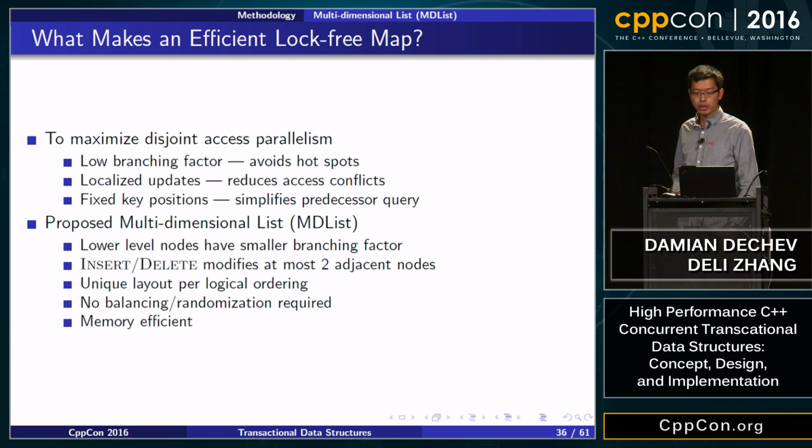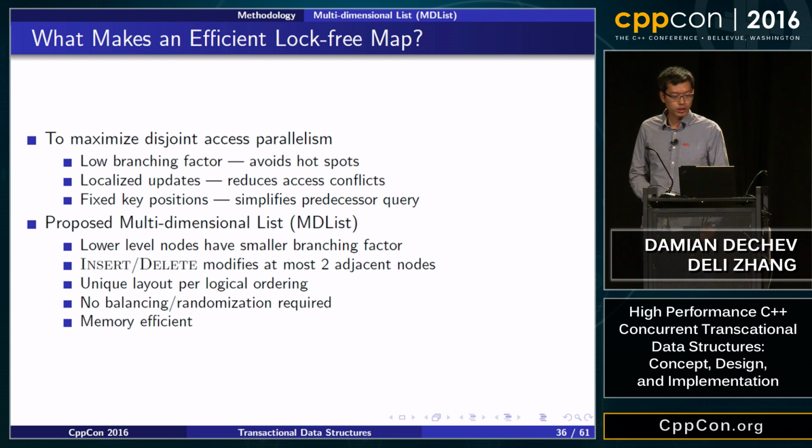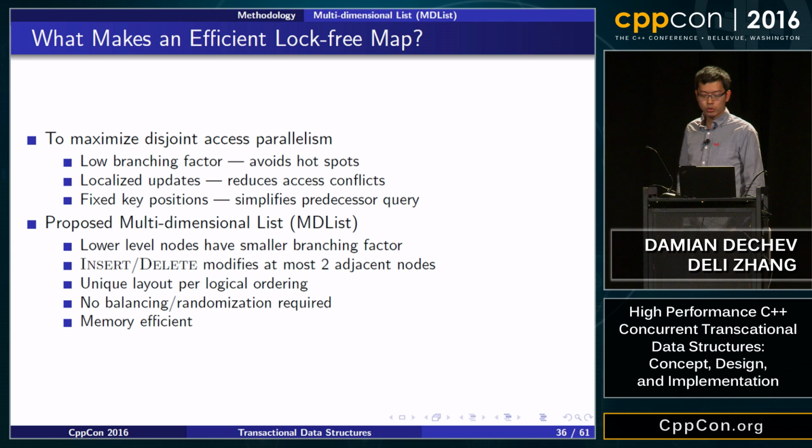In the proposed multidimensional list, the lower level nodes have a smaller branching factor, which brings down the average branching factor of the data structure. Insert and delete only modify at most two adjacent nodes. It has a fixed layout for a fixed set of keys and does not require balancing or randomization.